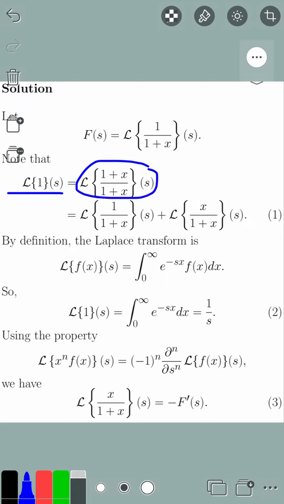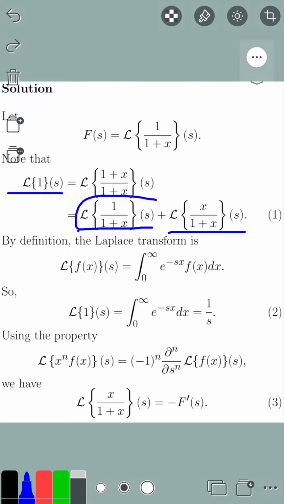And then using the linearity of the Laplace transform, you can write this as the Laplace transform of 1 over 1 plus x plus the Laplace transform of x over 1 plus x, because in the numerator we have 1 plus x, so we just separate it out using the linearity of the Laplace transform.